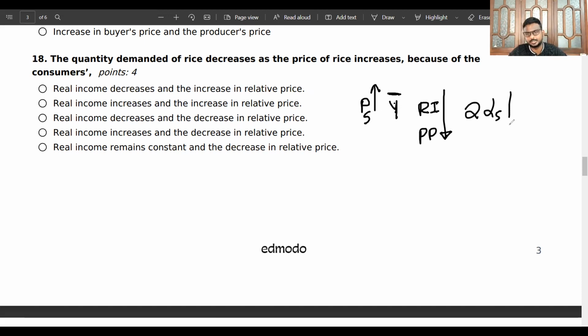As a result, consumers buy less. That's one reason why quantity demanded decreases as the price increases. You see, the price of sugar has increased, quantity demanded of sugar has dropped. The reason is this real income drop. So the answer can be this one or this one. Everything else is wrong.